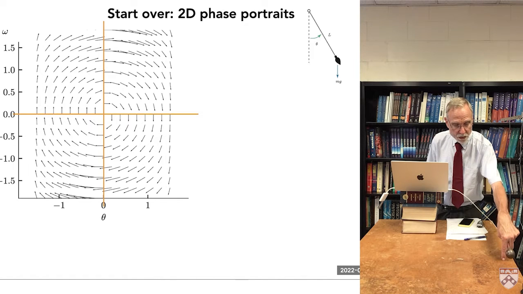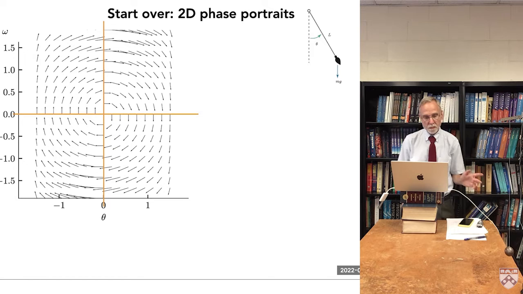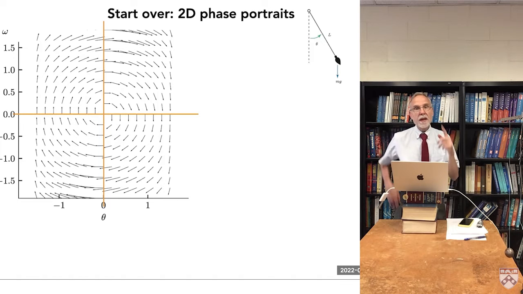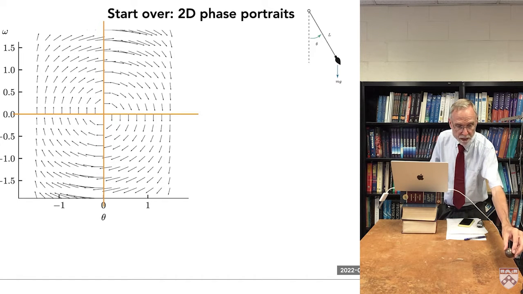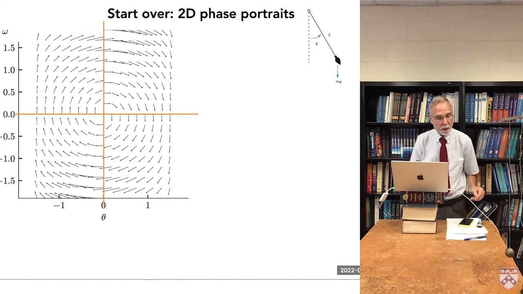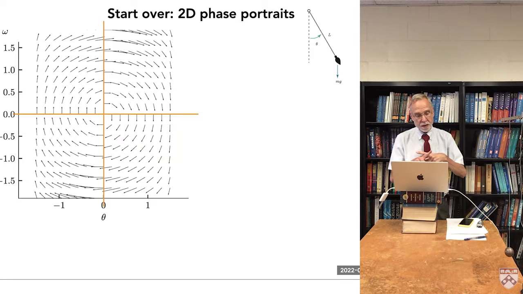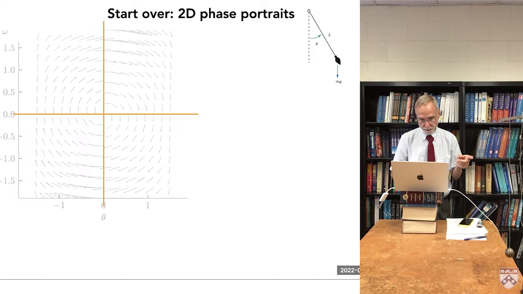It's not tending to make you speed up or slow down. Okay, so here are the nullclines, and when they intersect, that's the point or points where nothing changes at all momentarily. When my bob is hanging straight down and motionless, then it's going to stay that way. That's the intersection at omega and theta both equal to 0.